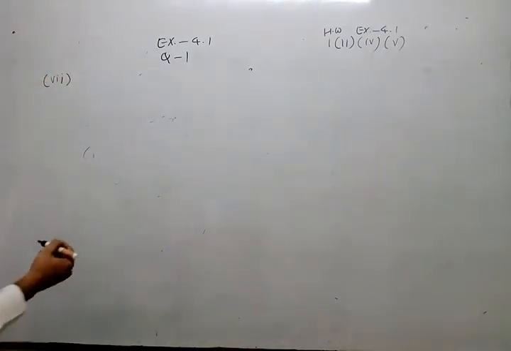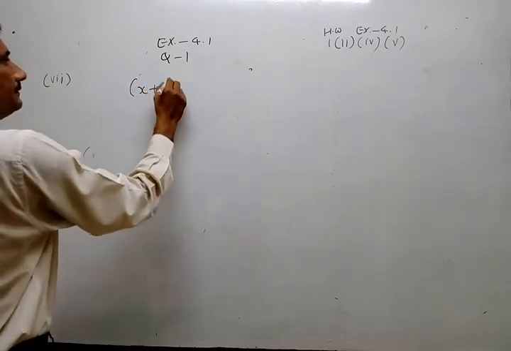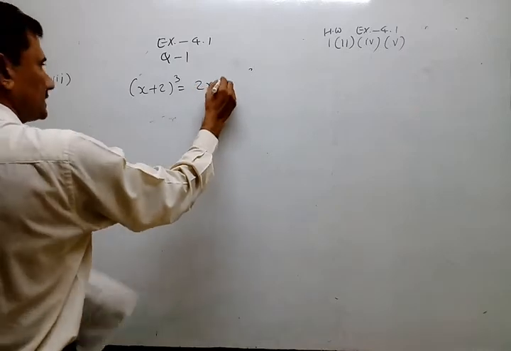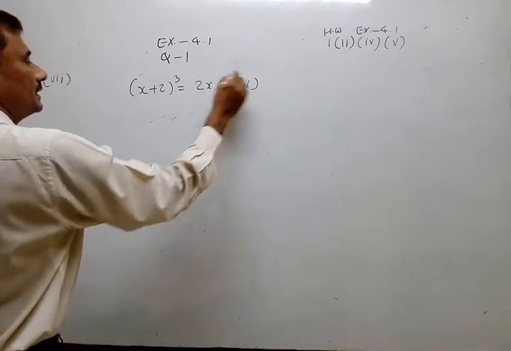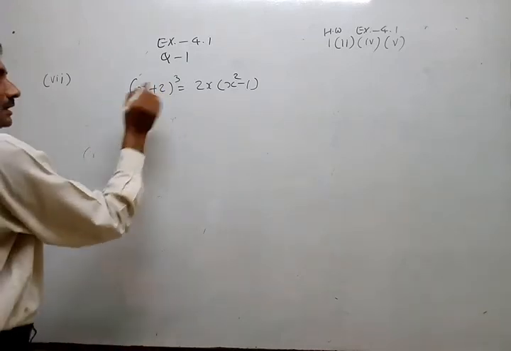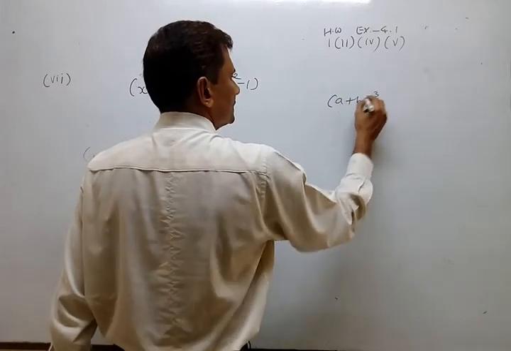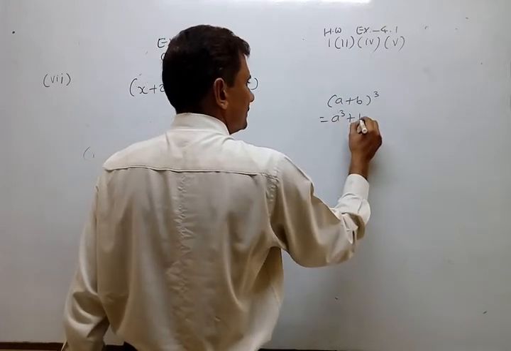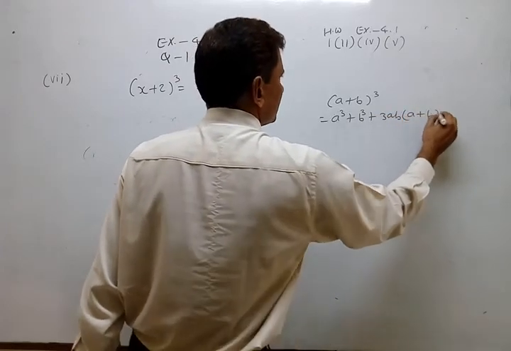So in number 7, x plus 2 whole cube is equal to 2x into x square minus 1. Now we know whole cube. a plus b whole cube is equal to a cube plus b cube plus 3ab into a plus b. This is the formula.